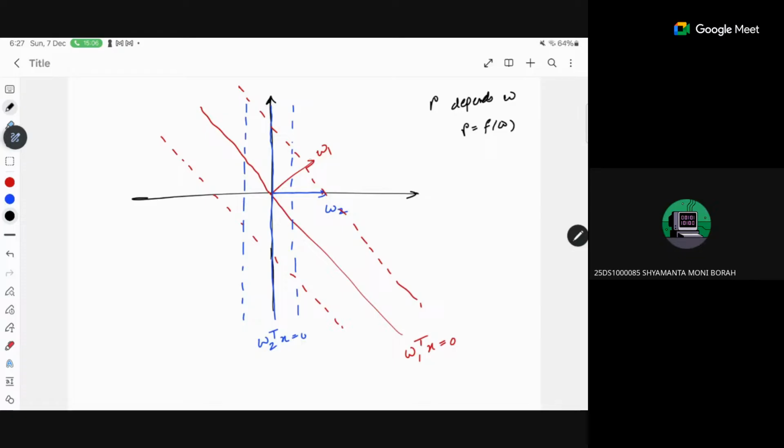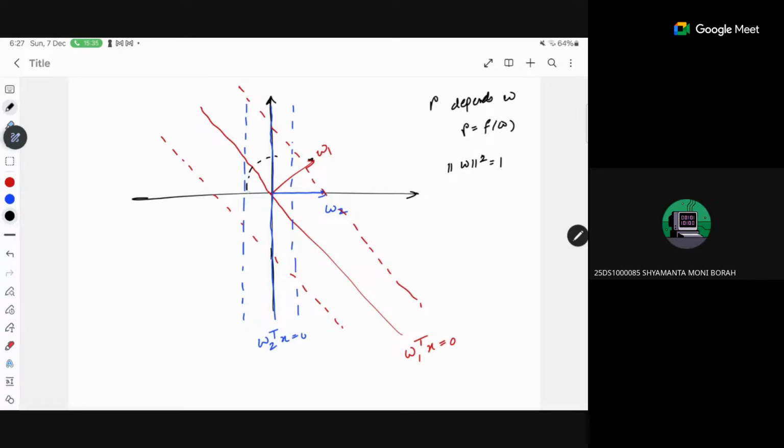So if W1 is different than W2, definitely it will have different gammas. But let's say I kept my W1 and W2 as unit vectors. Whatever vector space of W we are seeking, it should be within the circular region, right?